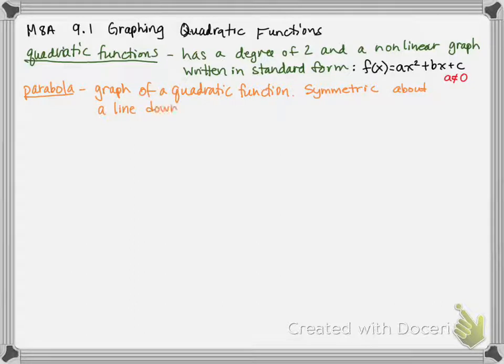Now this line is not part of the graph, we just draw it in to show the line of symmetry down the center of the parabola. It's got a very special role, so it has a name. It's called the axis of symmetry. Now we're actually going to be able to figure out how to do that.